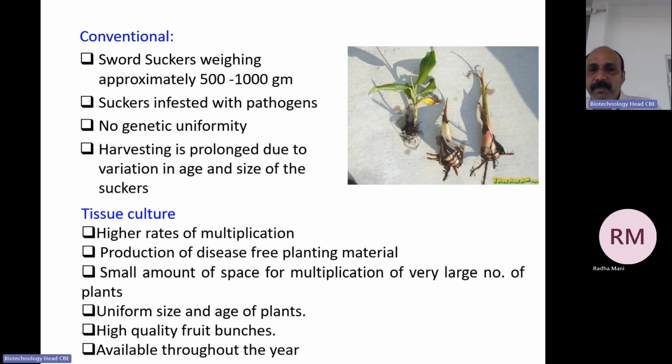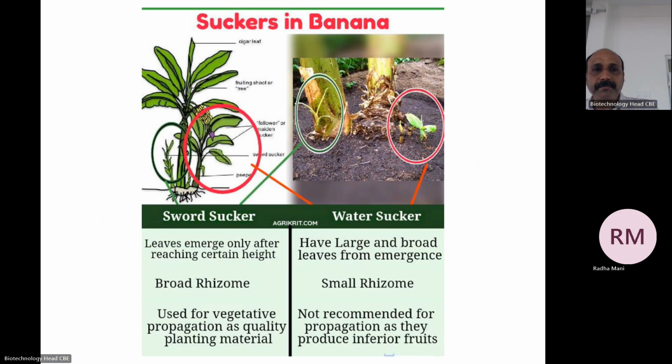And the harvest will also be much easier, with high quality fruit bunches. The plantlets can also be available throughout the year, and whenever we need it, we can immediately produce a large number of suckers for planting.